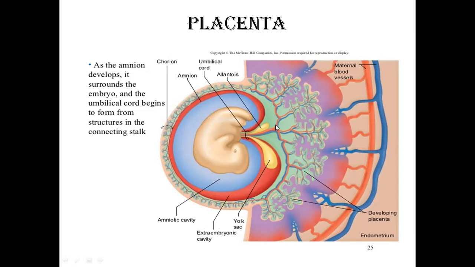And there is development of the umbilical vessels. And these umbilical vessels go into the syncytio and cytotrophoblast, which has invaded into the uterine cavity. And this is all round. And this layer is called the chorion.